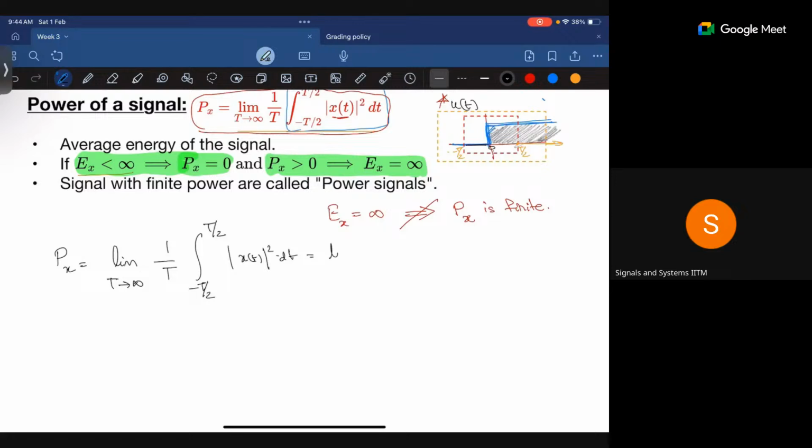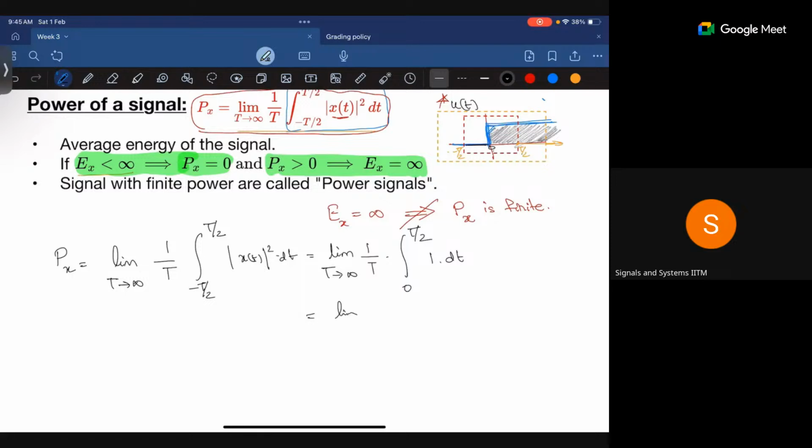Therefore this will be limit T tends to infinity 1 by T as is. Now our limits get updated to 0 to T by 2, because from minus T by 2 to 0 it is just 0, and from 0 to T by 2 it is 1, dt.